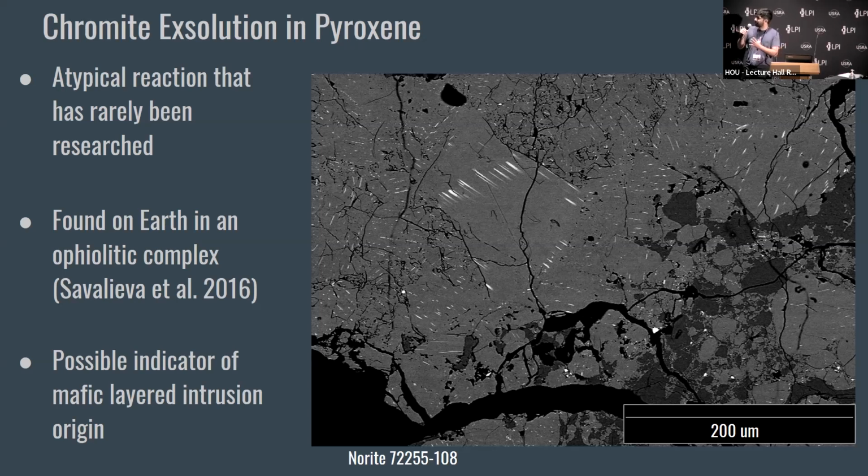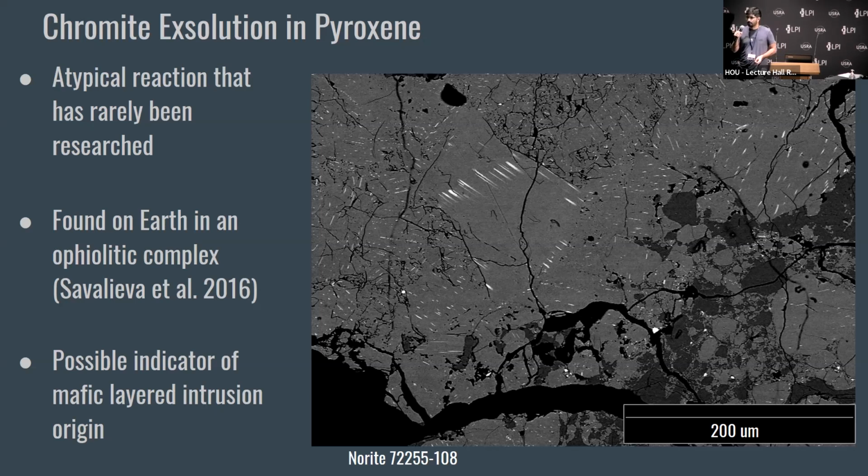You can see the orientations of them. But I haven't been able to find any reference to this type of process, except for an ophiolite in Russia that has some clinopyroxene with the same chromite exsolving texture in it. So it might be a possible indicator that this in fact came from a mafic layered intrusion.